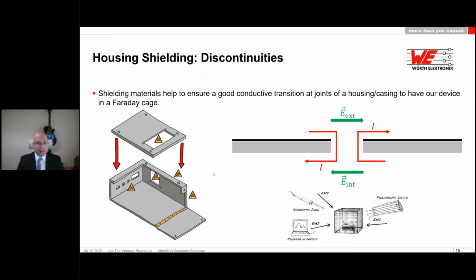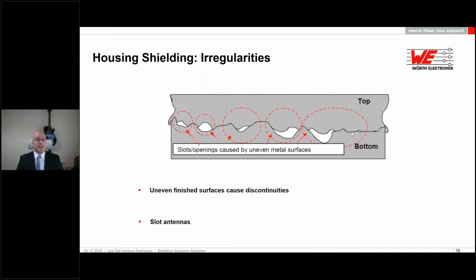As you can see here, there is no way to polish a metal so that it will be completely flat. To your eyes it might be, but at a microscopic level it will not be. So we will have to take care of these as well, because remember, any hole can be a door for entry or exit of electromagnetic interference. So we will have to somehow have a solution to fill these empty spaces, and we will do this through our gaskets.